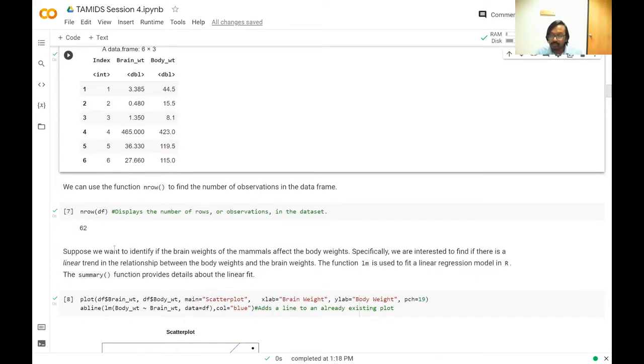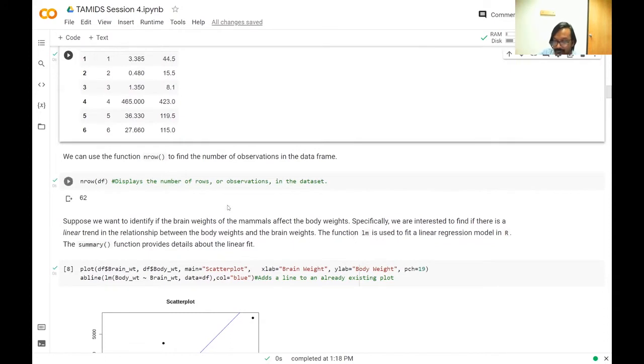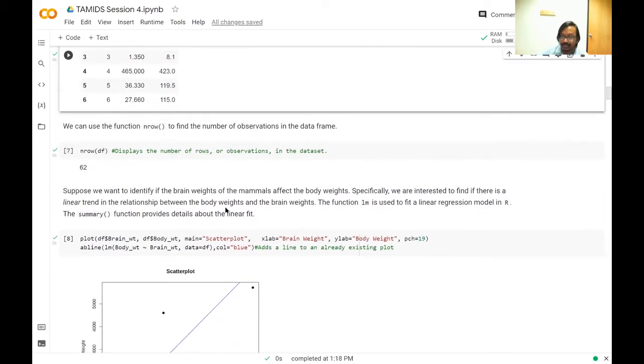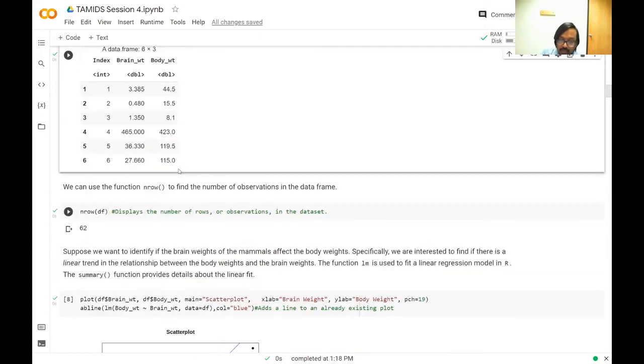Specifically, we want to figure out if there is a linear trend or a linear pattern in how the two variables behave. The function in R that is used to fit a linear regression is called LM. We are going to come to that later. But for now, let's look at the scatter plot of these two variables.